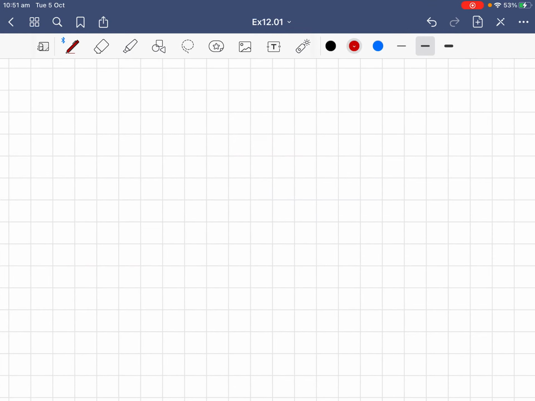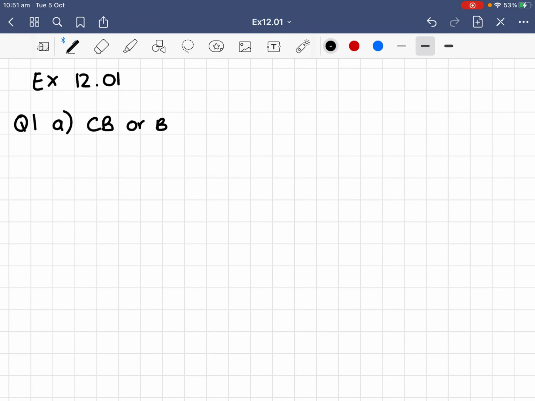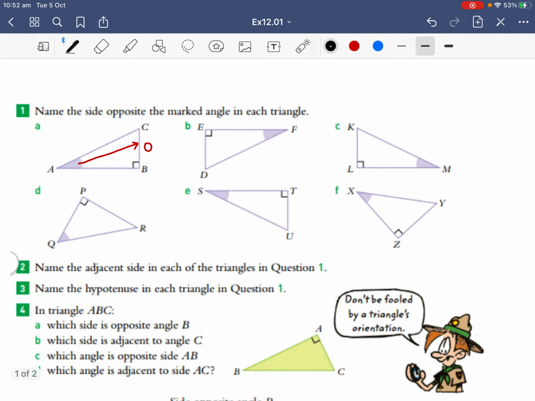So what we do is we go to our page that will answer our questions on exercise 1201. Question 1A, and the side here is side CB. The reason why it's CB, or it can be BC, it doesn't matter which letter is first, is because it's this side here and it has the vertices B and C. I'll do B for you just to make sure that you understand it.